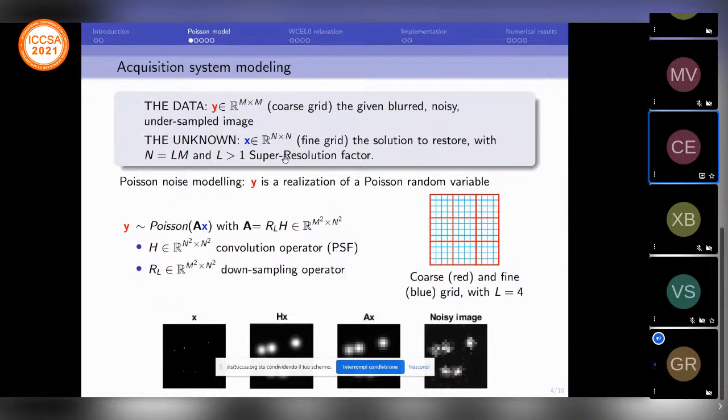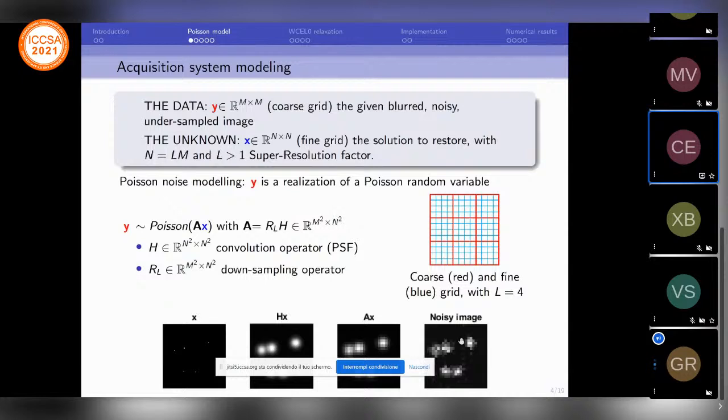The unknown is x, the solution to restore, whose dimensions are much greater than the undersampled image. The noise in this system is Poisson noise, and basically we have a model parameter A, which is a linear operator in this very basic model, the product of a convolution operator and a downsampling operator.